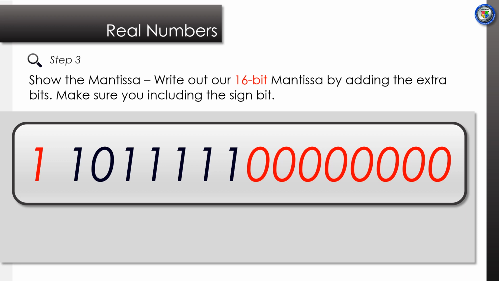Again, we will do this by including the sign bit and adding extra bits to make up those 16 bits. We have a sign bit of 1, followed by our number 1011111, then made up by adding an extra 8 zeros. This will show our entire 16-bit mantissa.